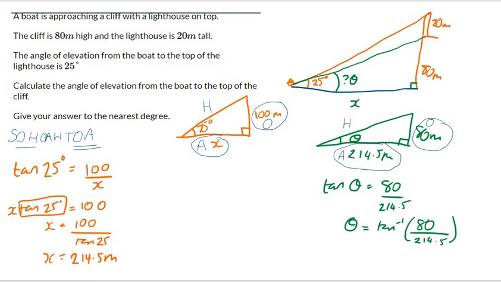That gives 20.45 degrees, and it says to the nearest degree, so round correctly. The answer button on my calculator is good. Then the angle of elevation is 20 degrees.